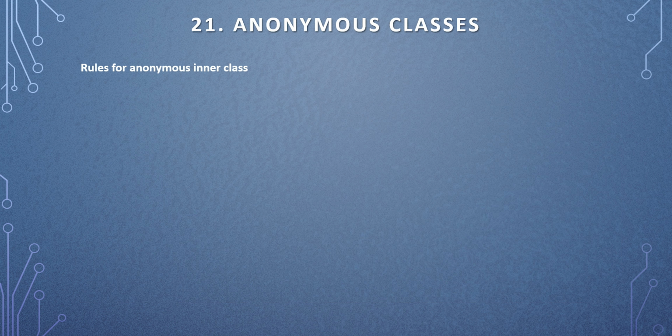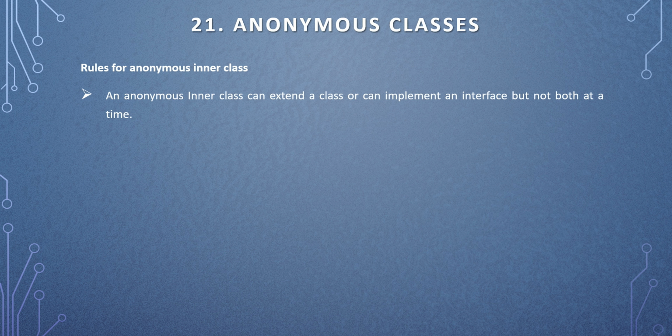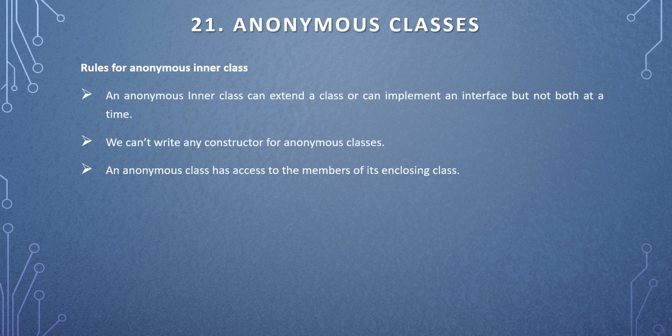Rules for anonymous classes. An anonymous inner class can extend a class or can implement an interface, but not both at a time. We cannot write any constructor for anonymous classes as a constructor requires a class name, which an anonymous class does not have. An anonymous class has access to the members of its enclosing class.